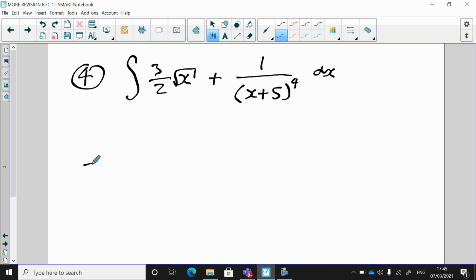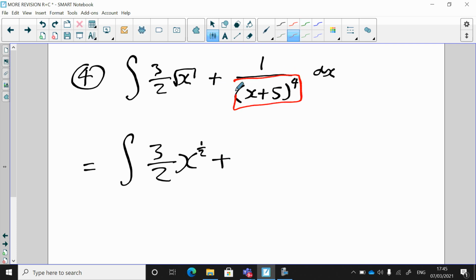Right, first thing is here, we can't integrate anything until it's in an integral form, or a form that we can integrate. So square root of x, it's old fashioned, that radical symbol, get rid of it, x to the half. x plus 5 to the power 4, it's in the denominator, it's not allowed to be there.